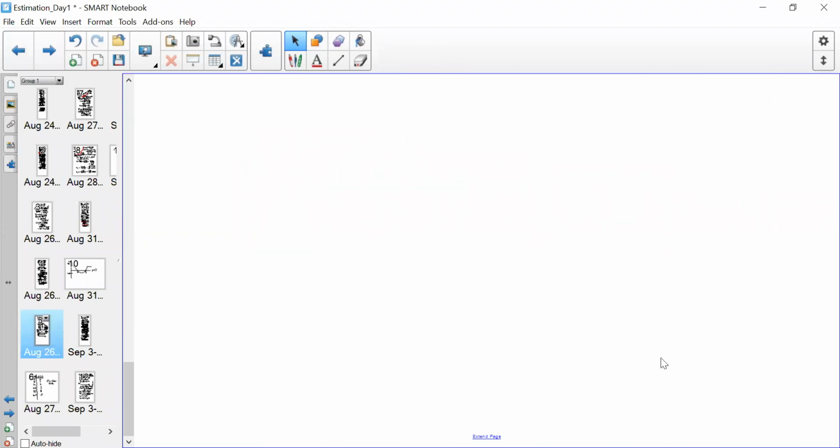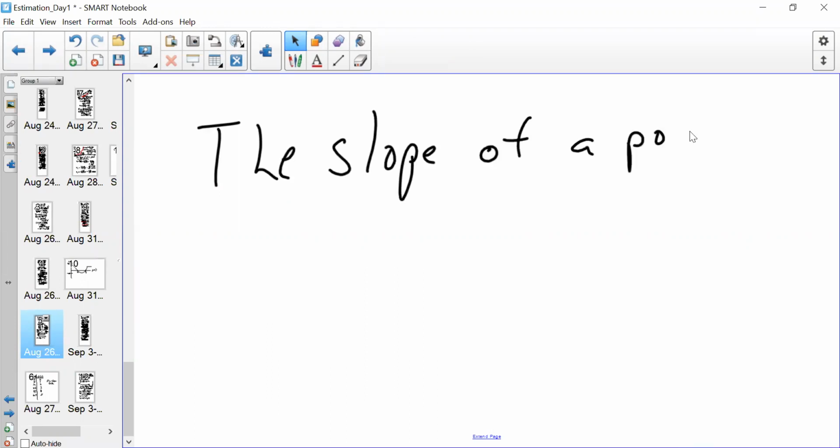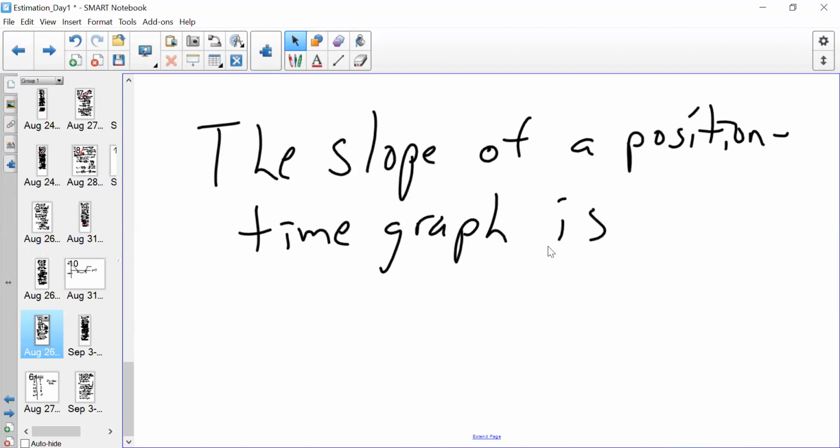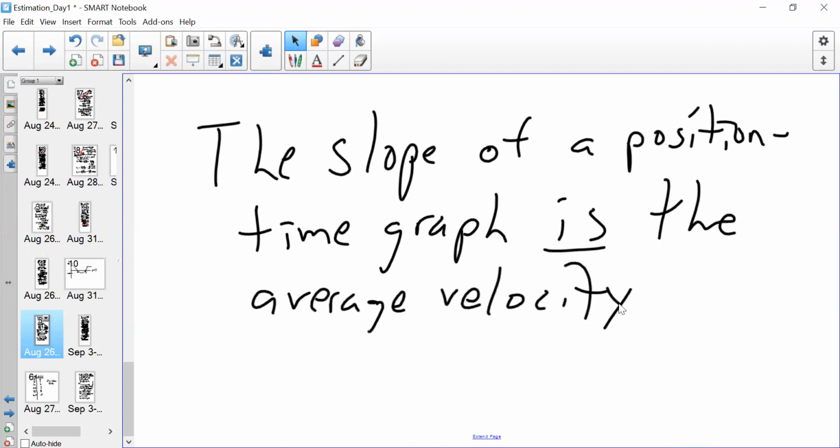One thing to keep in mind is that when you are looking at a position time graph, the slope of that graph, the slope of a position time graph is the average velocity. That's really what we do in physics. We take math, we translate it. That's not everything, but that is a large bulk of it.